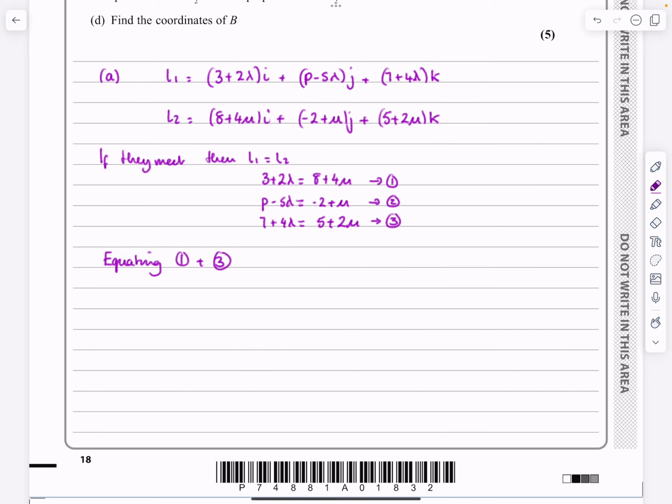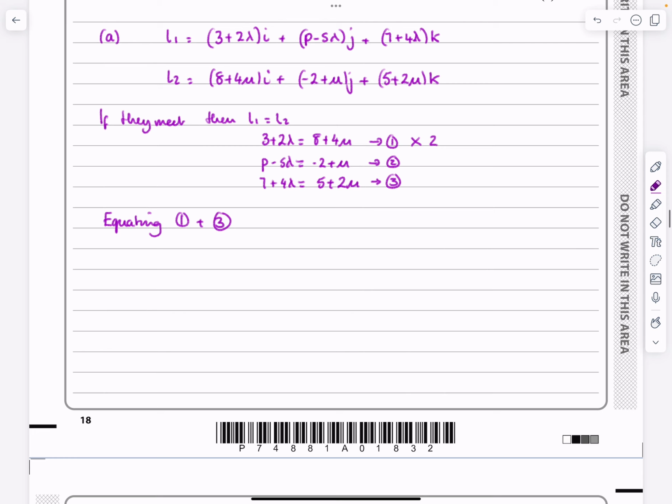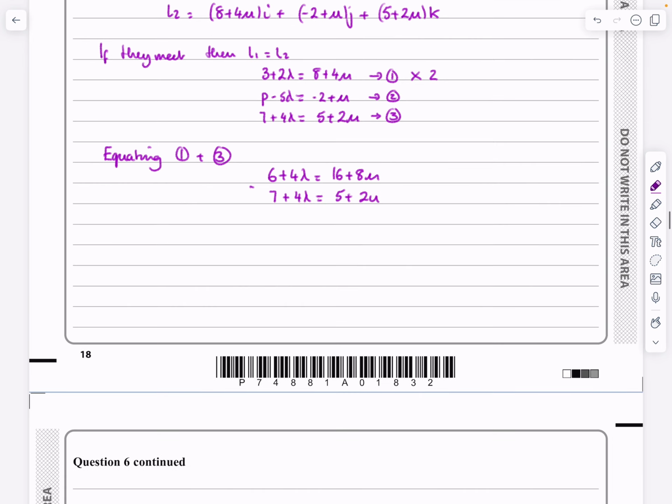1 and 3 then, what have I got here? If I multiply that equation by 2, I'll end up with 6 plus 4 lambda is 16 plus 8 mu. And then when I have the other equation, 7 plus 4 lambda is equal to 5 plus 2 mu, I can then just subtract those from each other. I'm not going to spend any time talking to you about how to solve simultaneous equations.